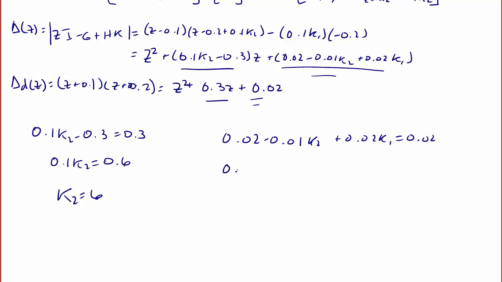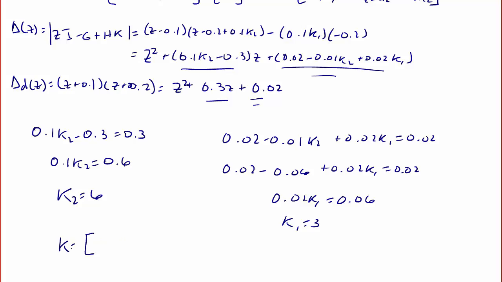So we have 0.02 minus 0.06 plus 0.02 K1 equals 0.02. So 0.02 K1 equals 0.06. And K1 is equal to 3. So finally, the controller gain matrix that we need is K is equal to [3, 6].